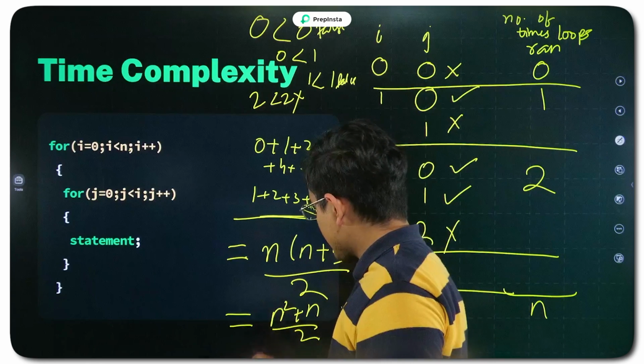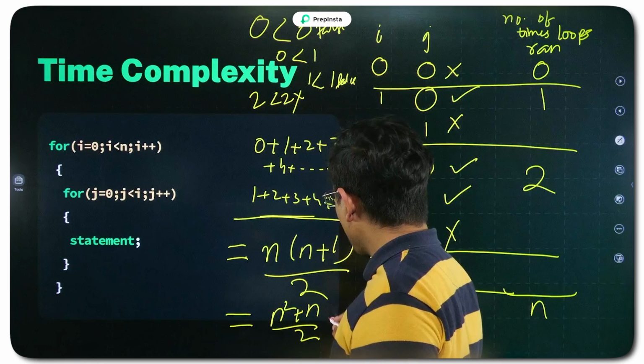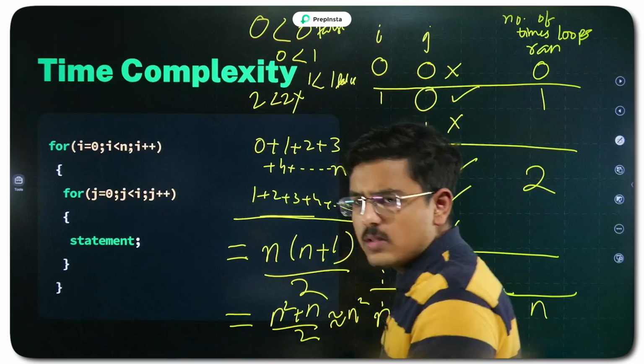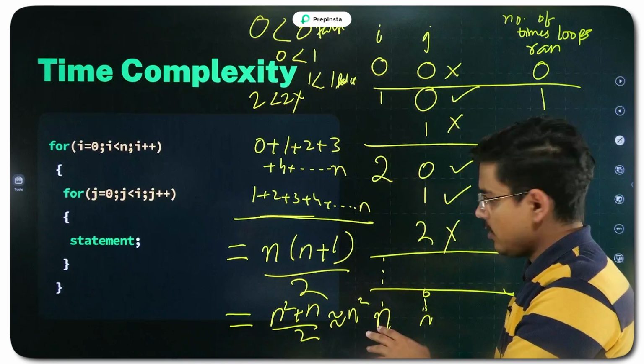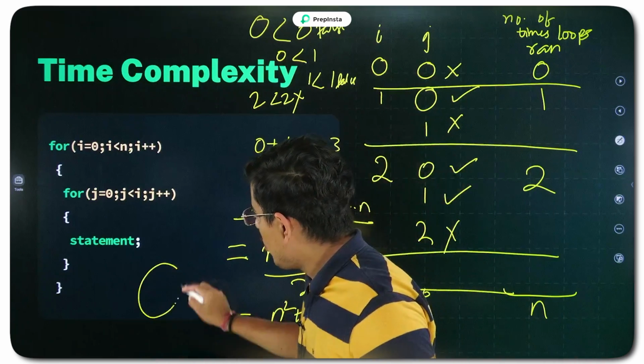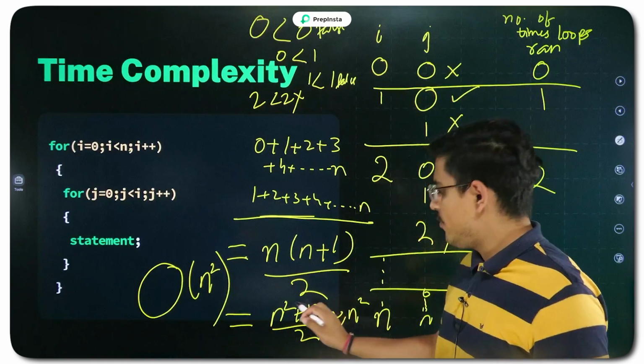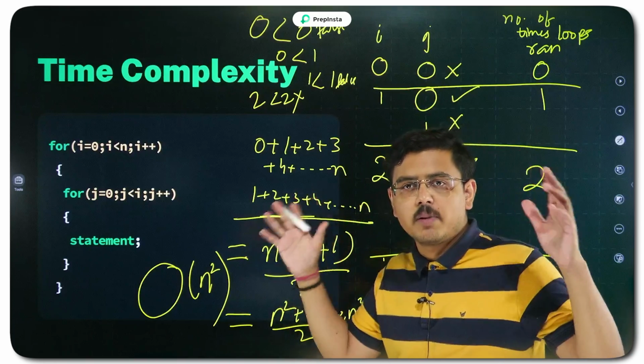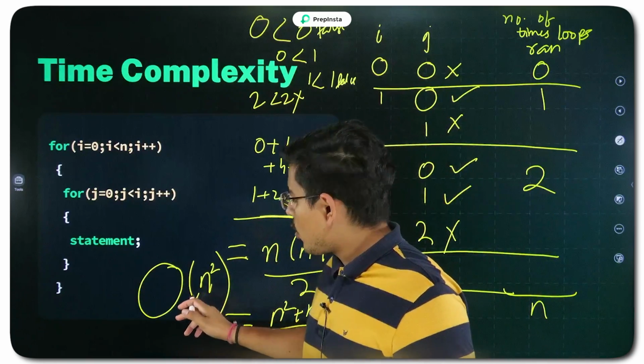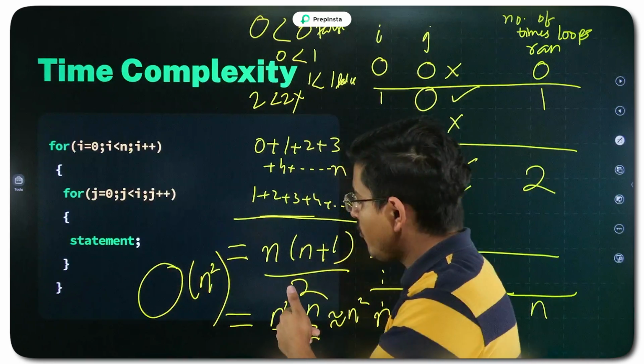What does this suggest? This is roughly equal to n square. Just an approximation to make things easy. Okay. So this is big O of n square. This part is small in front of n square when you imagine big values. So this is order of n square. You get it, big O of n square.